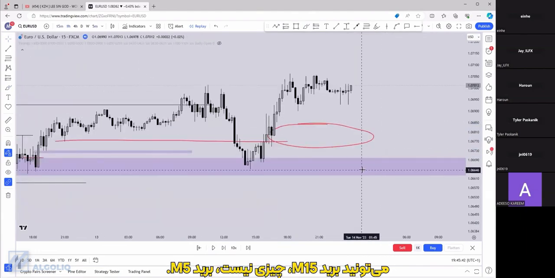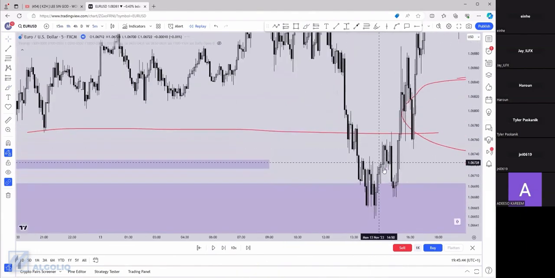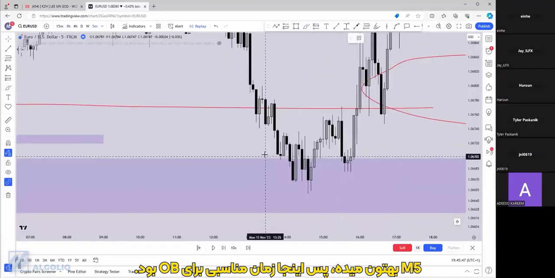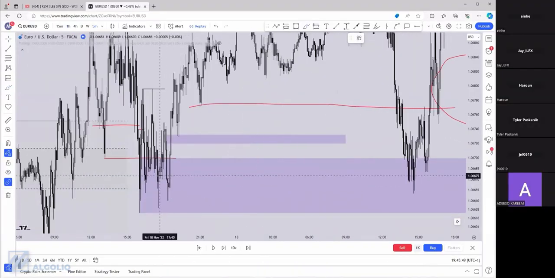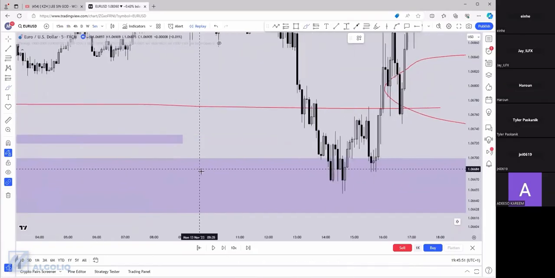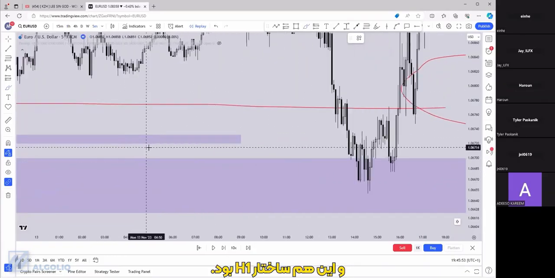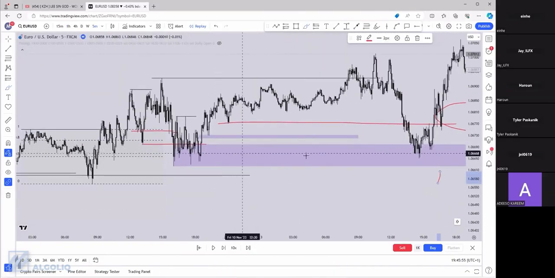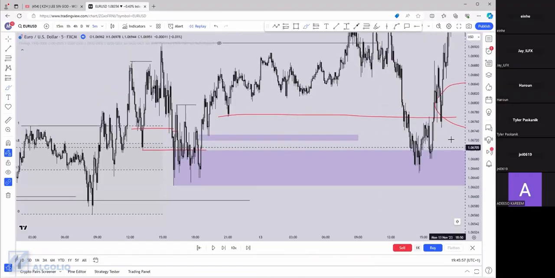You can go to M15, nothing, M5. M5 would give you, so this was a high time frame OB. There's not much liquidity. And this was also H1 structure. So M5 would be the entry time frame.